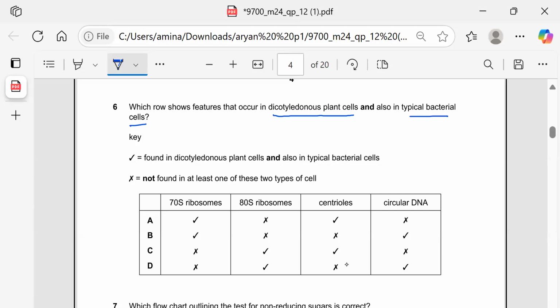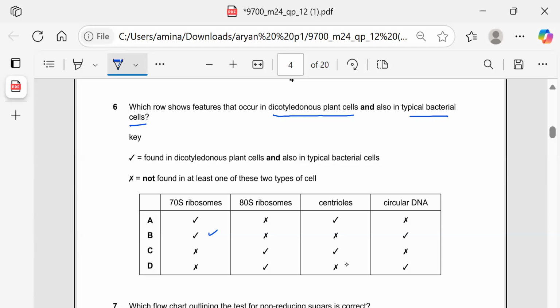Centrioles are definitely not present in both, and circular DNA is present in both, in prokaryote as well as in plant. Again, in plant, this circular DNA is present in the chloroplast. So if I look at choice B, yes, 70S ribosome is present in both, 80S ribosome is not present in both, which is correct, centriole is not present, and the circular DNA is present in both.